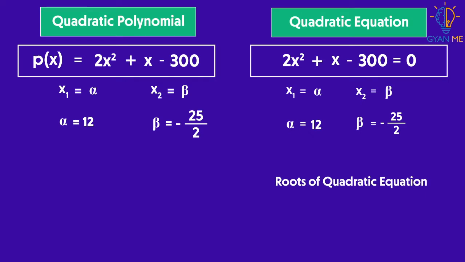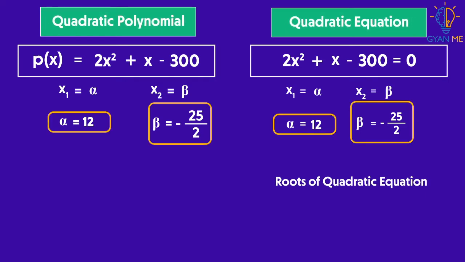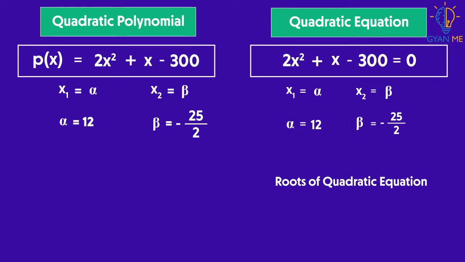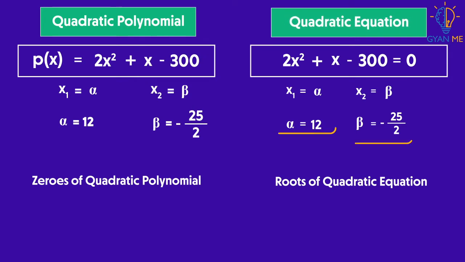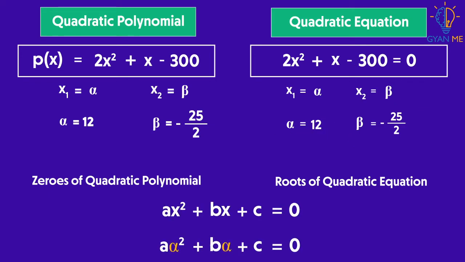Note that in both cases, the values of x are the same, only their names are different. That is, in the case of a polynomial, these are called zeros of the polynomial, and in the case of an equation, these are called roots of the equation. In general, any real numbers alpha and beta are called roots of the quadratic equation if they satisfy the equation.